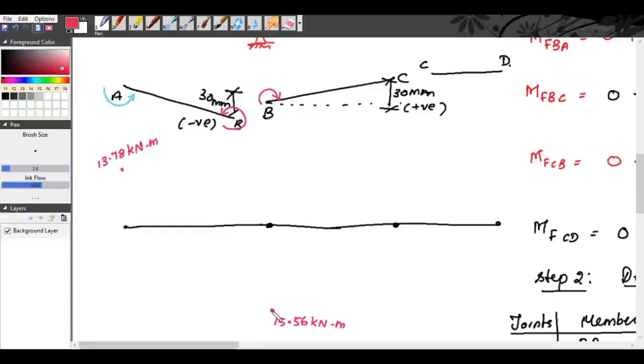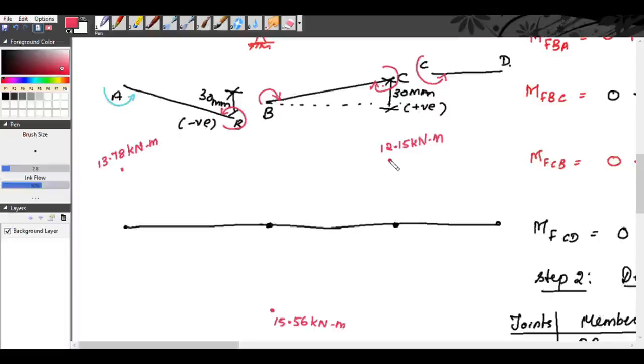Next, at C, it is plus 12.15 clockwise, pointing upwards. So here it is 12.15 kilonewton meter. Now it is minus 12.15 anti-clockwise, pointing upwards.